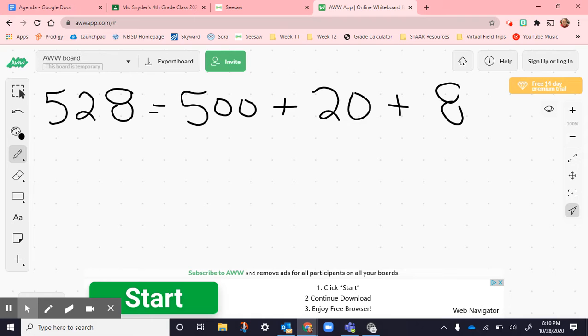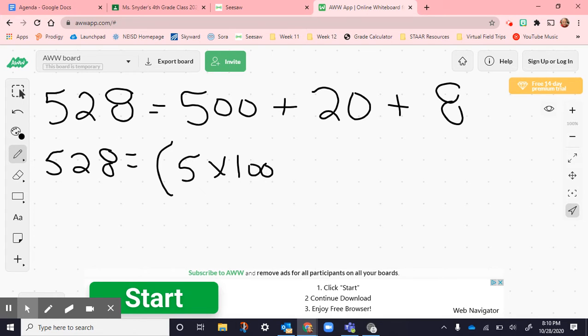Expanded notation is taking that same number, but this time we're using parentheses, and we're taking the digit 5, and we're multiplying it by the place that it's in. And so you can see how this is connected because 5 times 100 is 500. Plus, take the next digit, 2, times the place that it's in. This is the tens place.